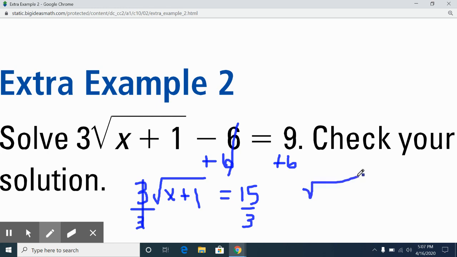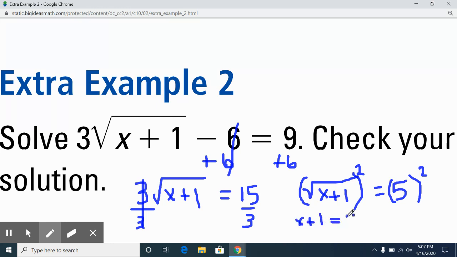Leaving me x plus 1 equals 5. Now that I have this alone, I can square both sides, leaving me x plus 1 equals 25.